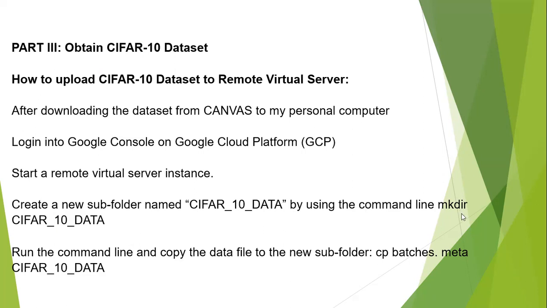We do that by using this command line, make a directory. And then we run this command to copy the data file to the new subfolder. There are about 7 files in this CIFAR 10 data. So we use the same command line to upload all the data into this new subfolder.